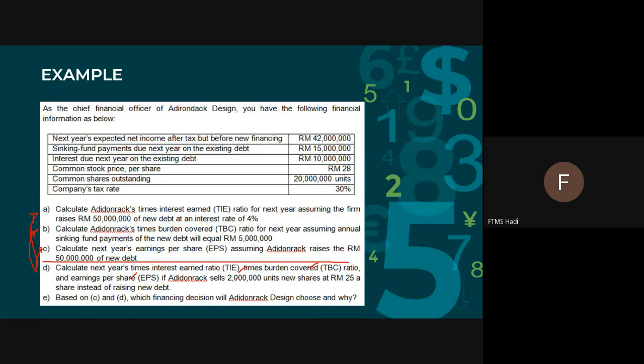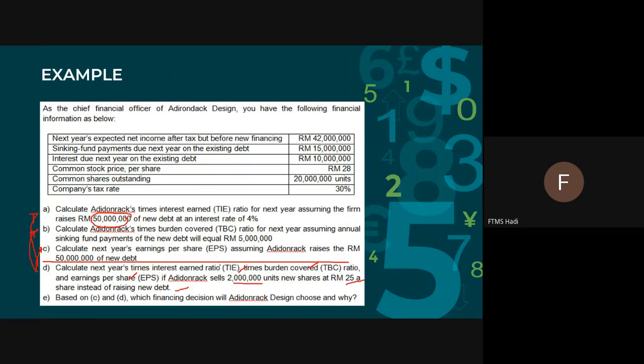That means if Adi Donrek sells 2 million units of new shares. Earlier we were talking about the loan of 50 million, but this is a second option, which is 2 million shares. They are not going for an additional loan, but for selling 2 million units of new shares at 25 ringgit a share instead of raising new debt.